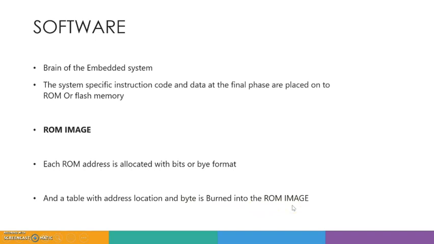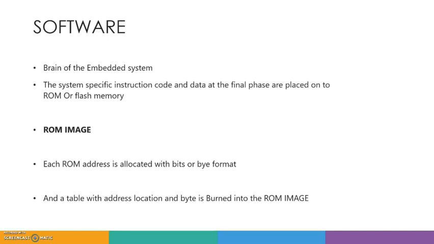Each ROM address is allocated bytes or bits. So, embedded system software is only the required amount, only the application specific software, and the final code or data for the working of the embedded system is kept in the ROM.